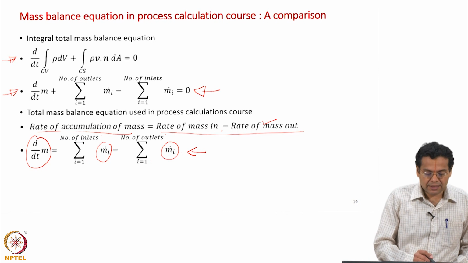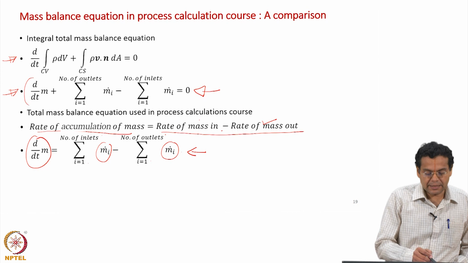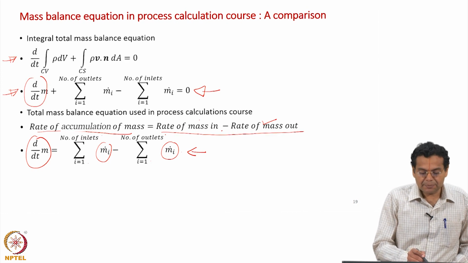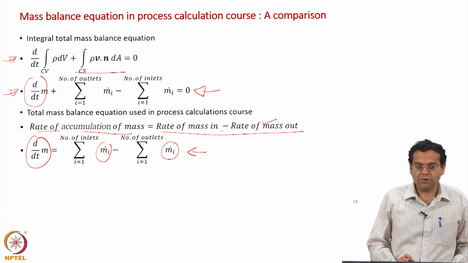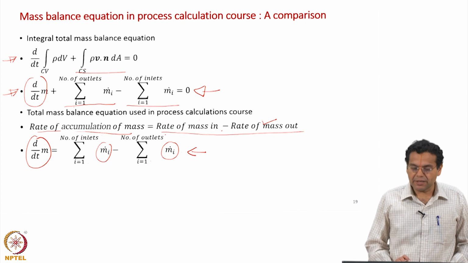The way in which we have written in this course is that dm by dt, we are always expressing the net rate of flow leaving the control volume. So, that is why we have sum of outlet flow rates minus sum of inlet flow rates.